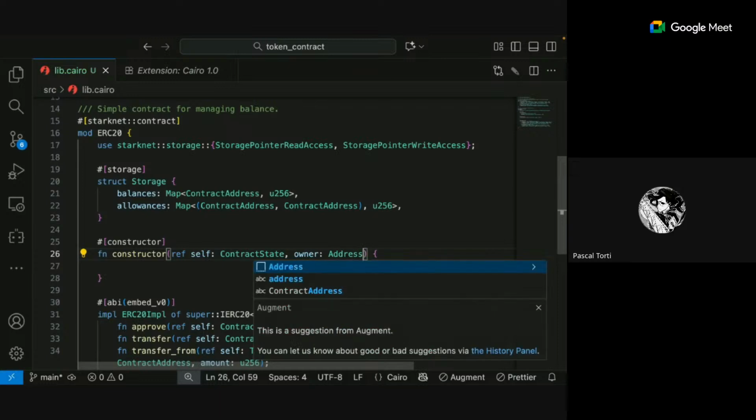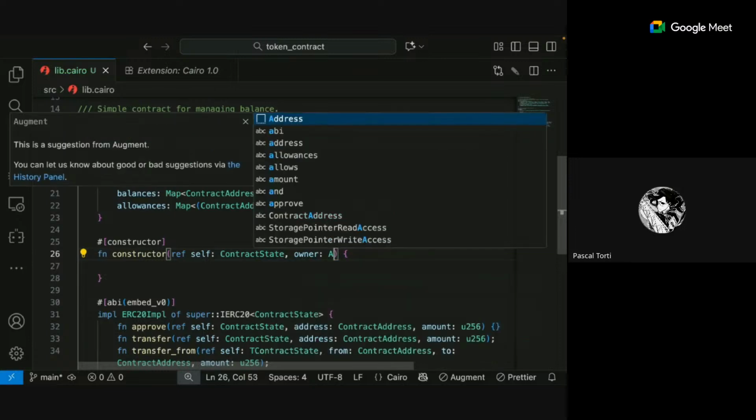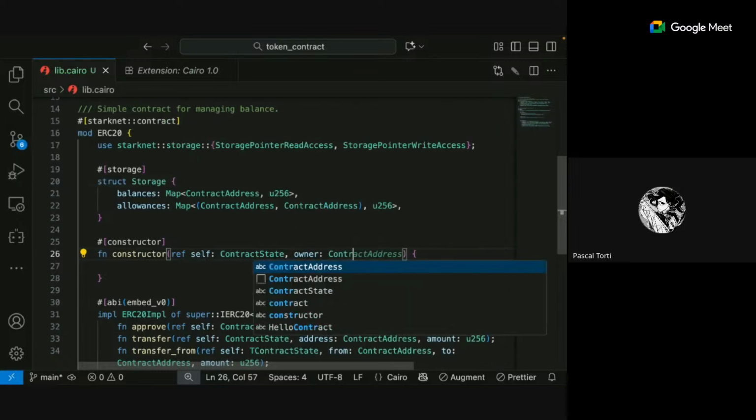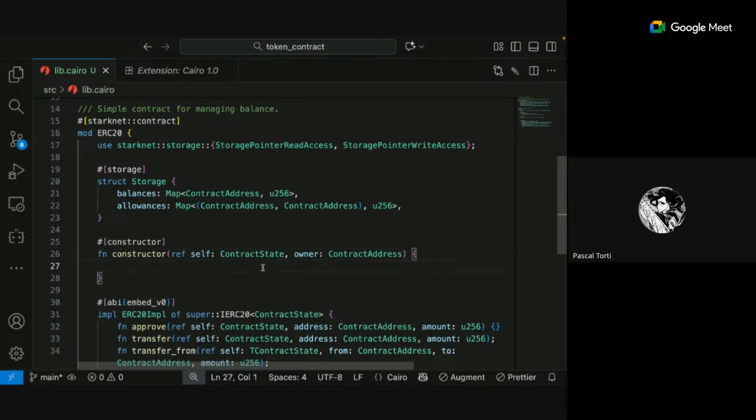Sorry, this is our contract address. Then what else? So we need only the owner for now.